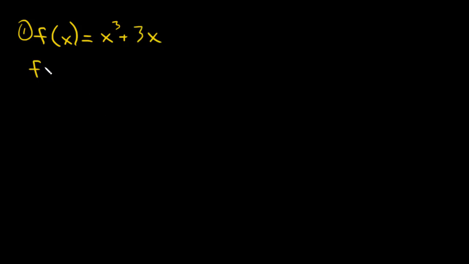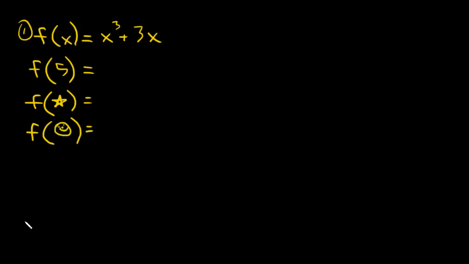What is f of, let's say, 5 equal to, and f of, here we go, star equal to, and finally, what about f of, yep, I'm going to make you do it, smiley face equal to? Okay, that seems trivial, but this is not a trivial one right here. Alrighty, so now let's move to the next one.